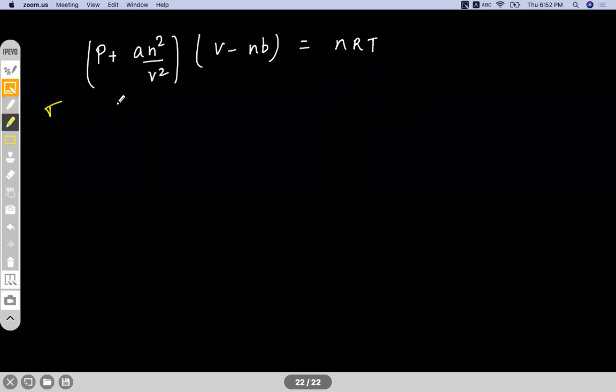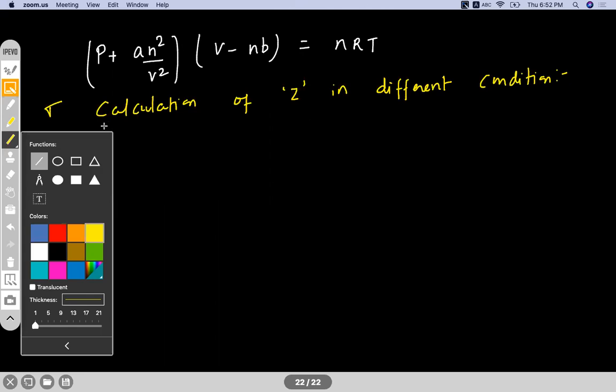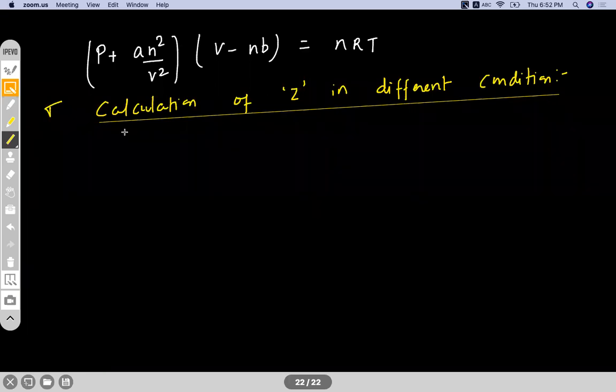Now, we'll see next the calculation of compressibility factor in different conditions.